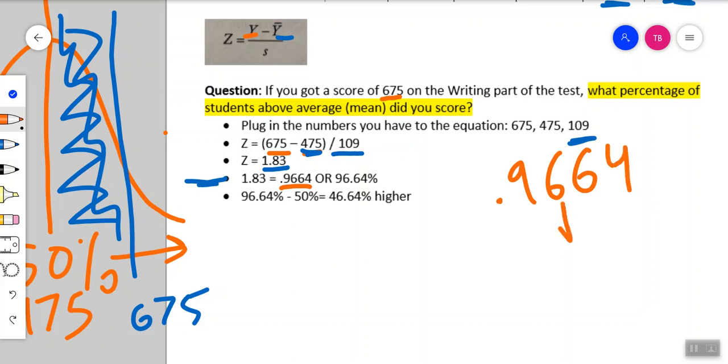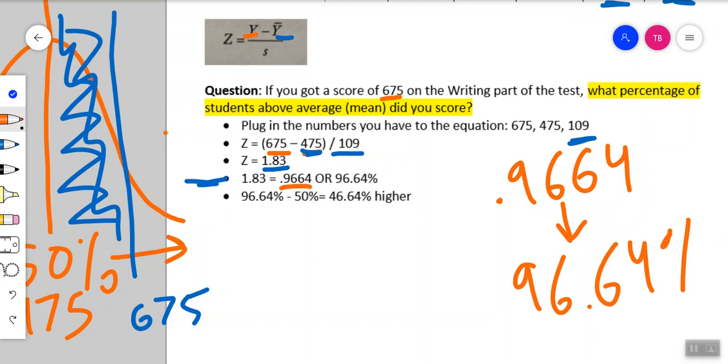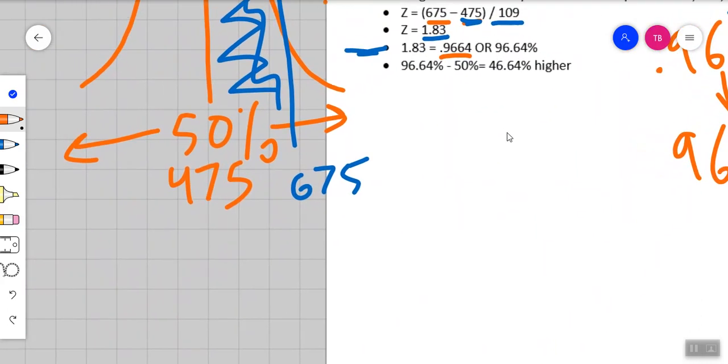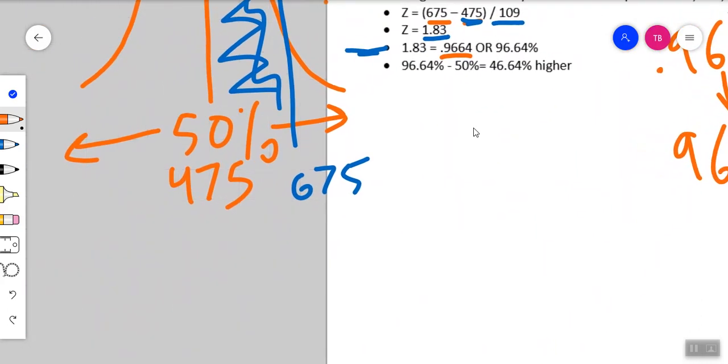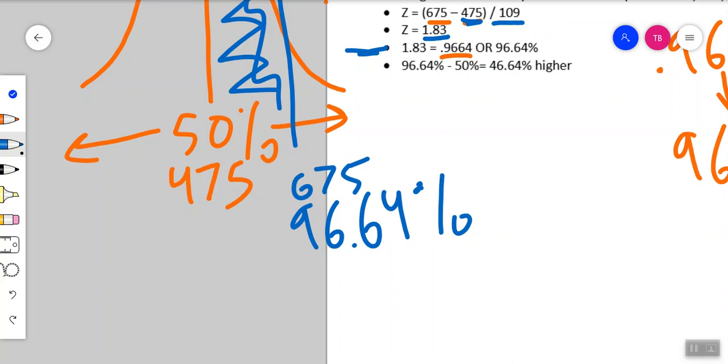And if I were to convert this to a percentage, 96.64%. So then it's asking us again, what percentage above average do we score? So now we have this number, 96.64%. And we know that the middle was 50%.